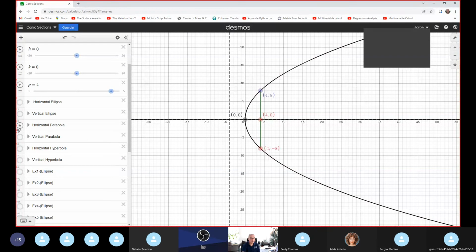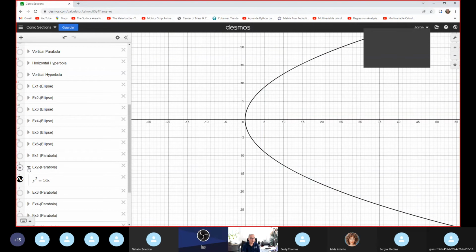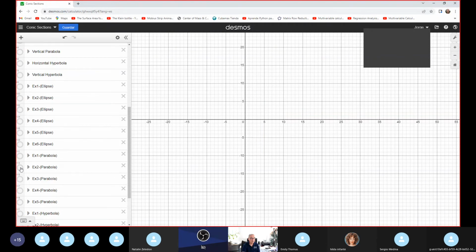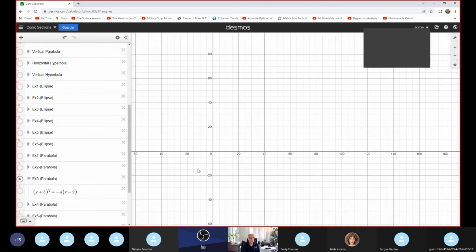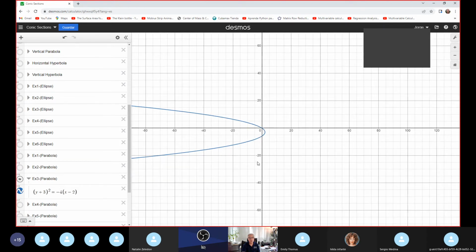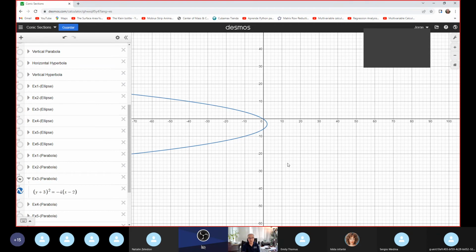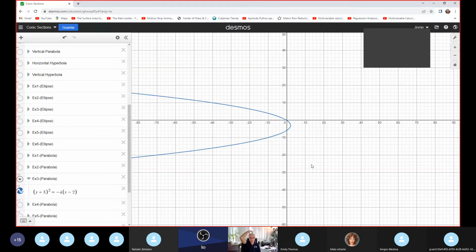Okay, erase everything. Not example 2, now example 3. Sorry. We are expecting that the parabola is horizontal and opens to the left, because P is negative.